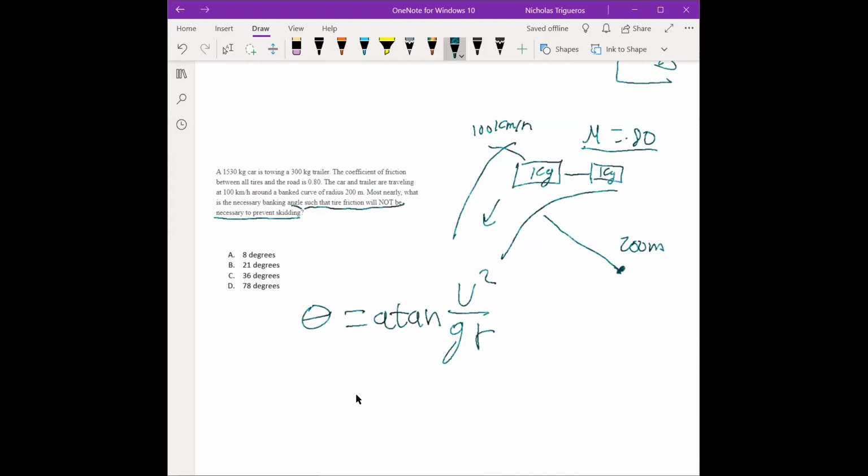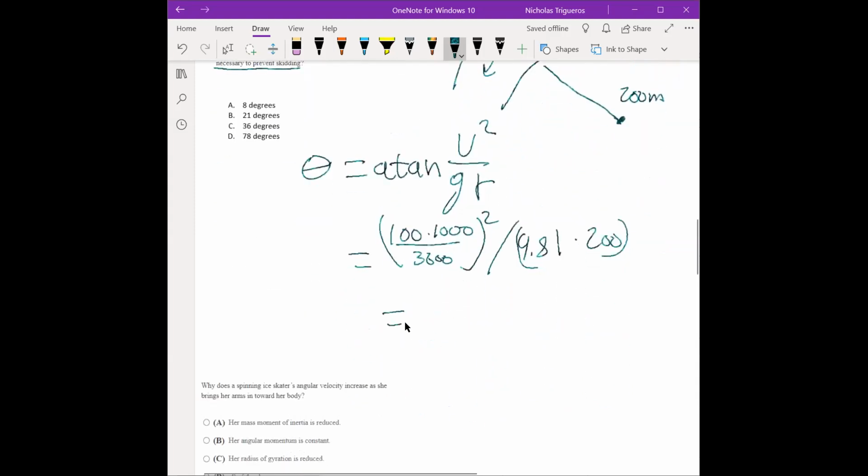This is literally the equation, and you use 100 times 1,000 divided by 3,600 to get meters per second, which is squared, divided by 9.81 times 200. Which gives you about 21 degrees if you do the arctangent of that.